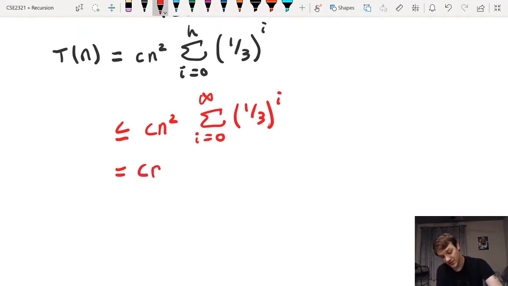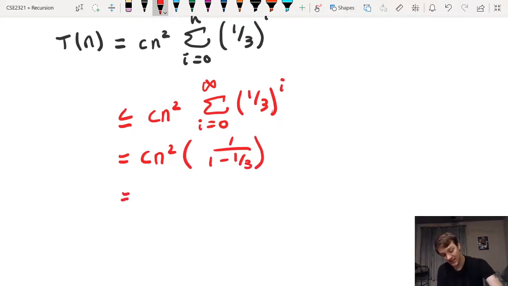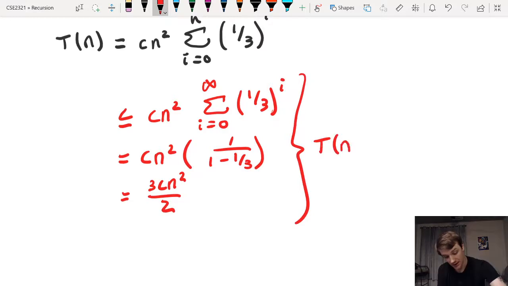This equals cn squared times 1 over 1 minus a third. Skipping a bit of arithmetic, that gets us 3cn squared over 2. So, all of that says T of n is in big O of n squared.